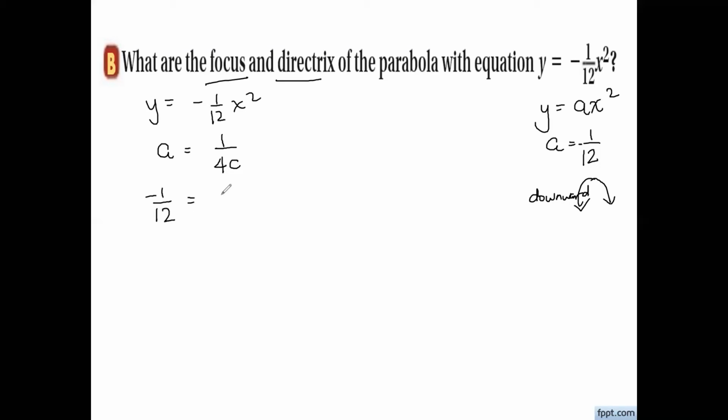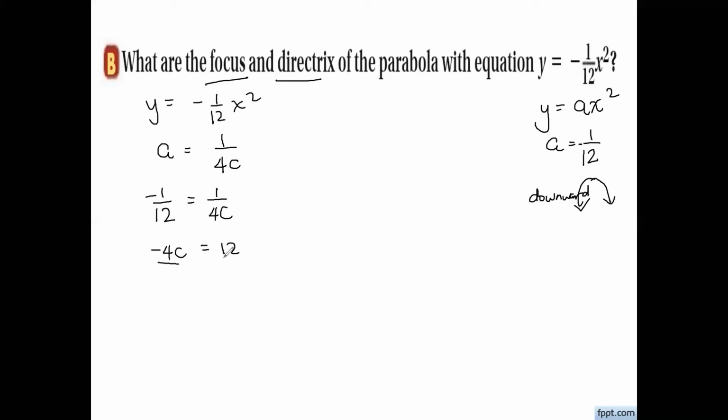This is the way we can solve for c. Negative 1 over 12 is equal to 1 over 4c. How can we solve for c? We will cross multiply. So 4c times negative 1 is negative 4c, and 12 times 1 is 12.